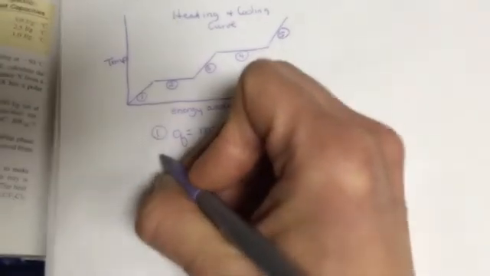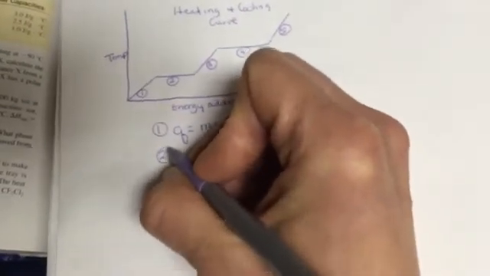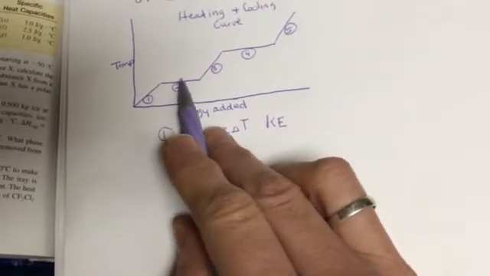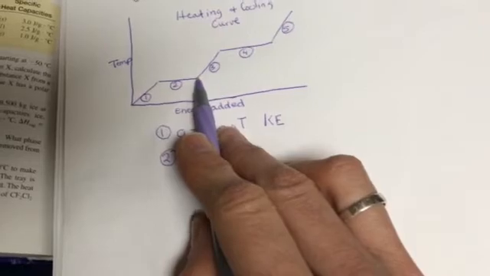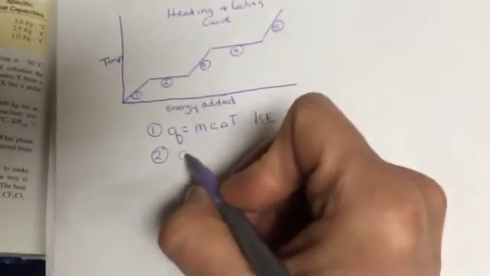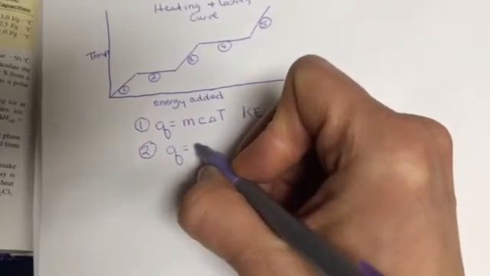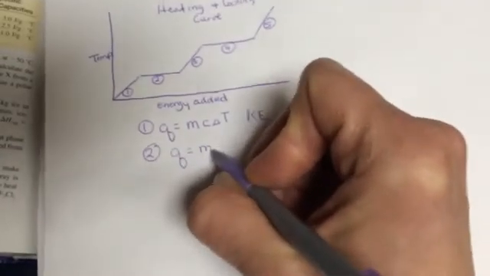That's different than phase 2. Phase 2 is not seeing a temperature change. So we're starting at a temperature during phase 2 and ending at the same temperature. For this, we're going to calculate Q by using a phase change equation, and it usually looks like this.